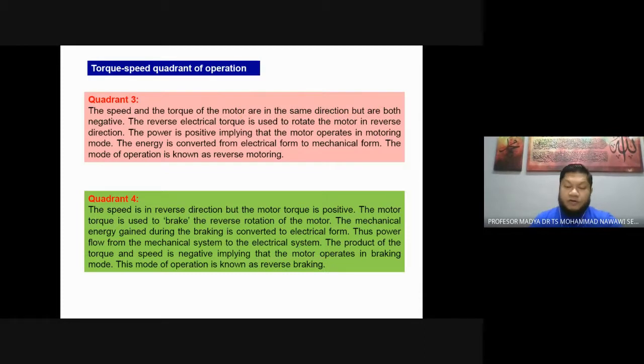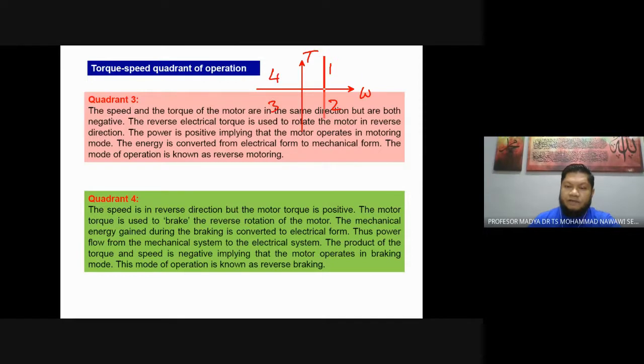So therefore, you have to remember, if you change the torque and omega axis, so this top, then 1, 2, 3, 4.